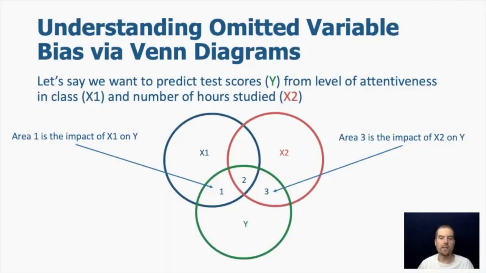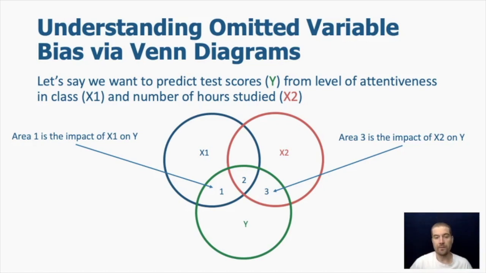To help you see what this really means, why there's omitted variable bias, why things are wrong, let's consider this example where y is our test scores. We're going to predict that from the level of attentiveness, which is our x1, and number of hours studied, which is x2.